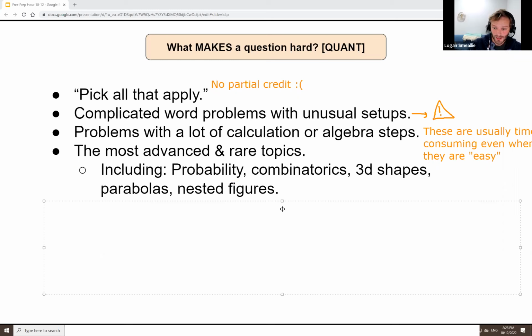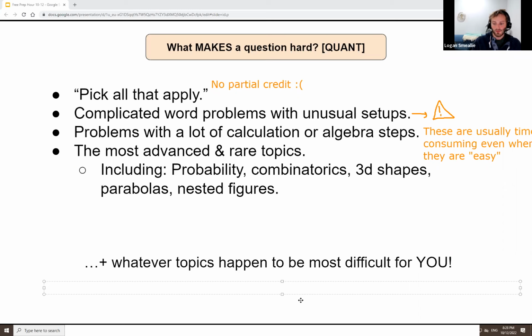And that brings me to my last point, which is that this also has a personal side to it. The stuff that I'm saying so far, these are what makes questions more difficult on average. But there's a difference for each test taker. Different test takers have different strengths and weaknesses that don't always perfectly match the average test taker.